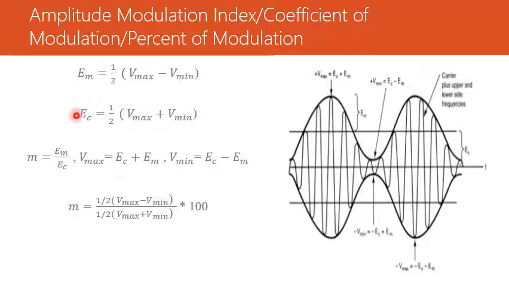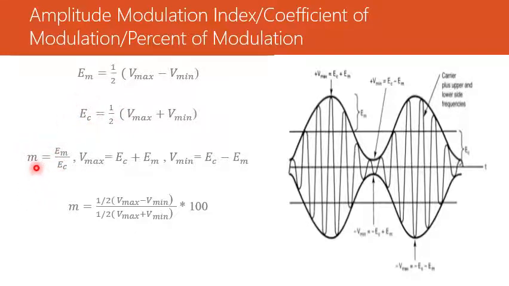Similarly, Ec means from this point till here. So Ec is equal to Vm max plus V minimum divided by 2. That gives this Ec.